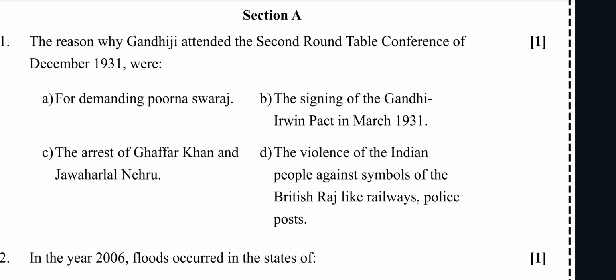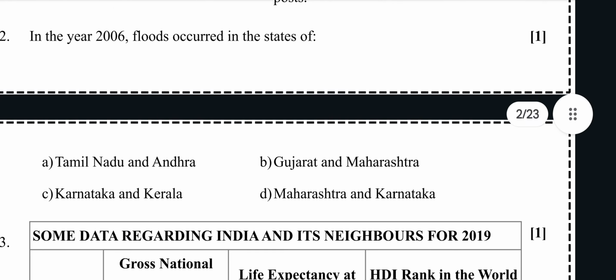Among the 2, the best answer has to be taken and written. So once again I will tell you: select the wrong 2 answers among the 4 and avoid them, and among the remaining 2 you have to select the best answer.